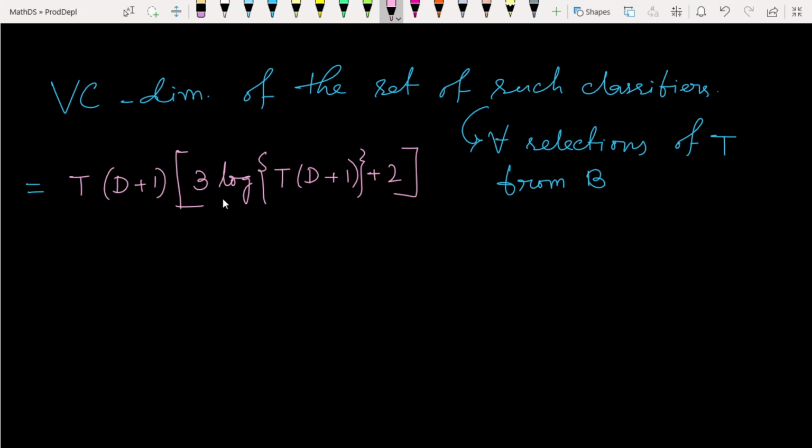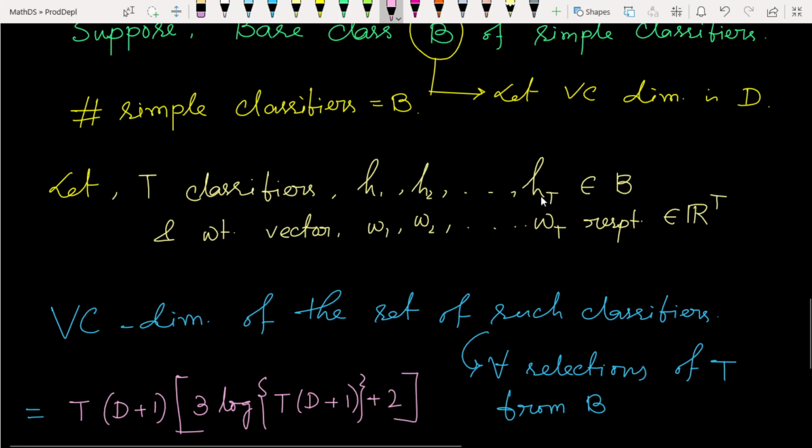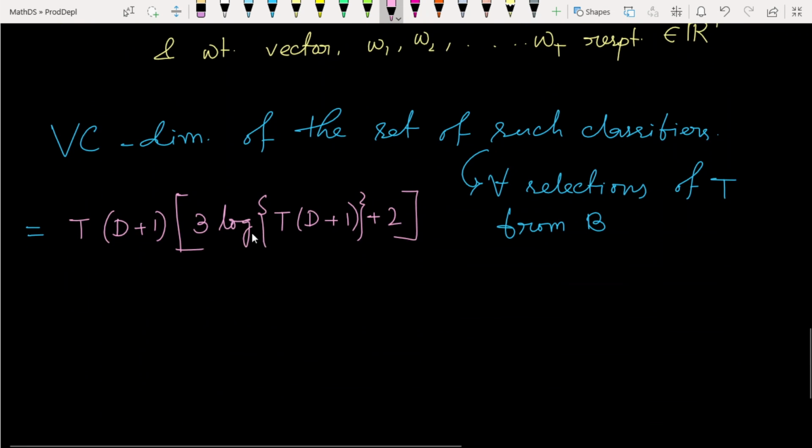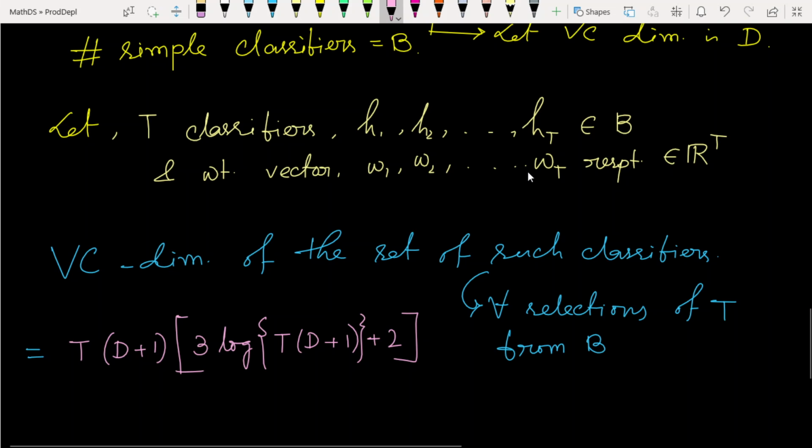Here we know what D is: D is the VC dimension of the simple classifiers H, and we know what T is, how many models we have chosen in our sets. So this is the simple formula. Simple means it's not always equal, it's approximately equal to. This is the simple using this concept.